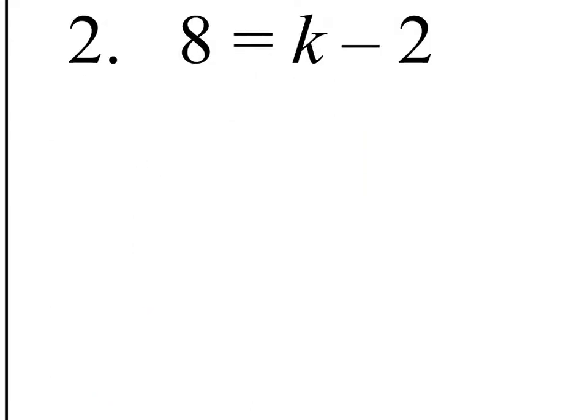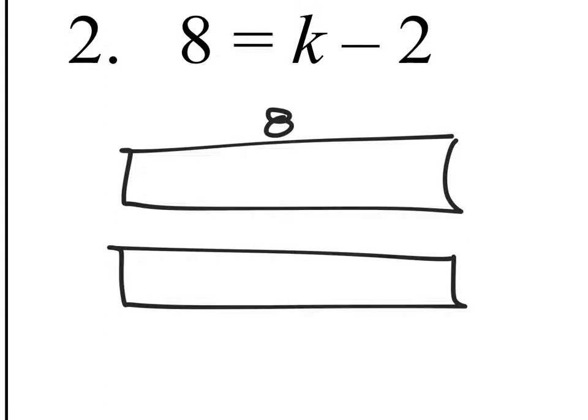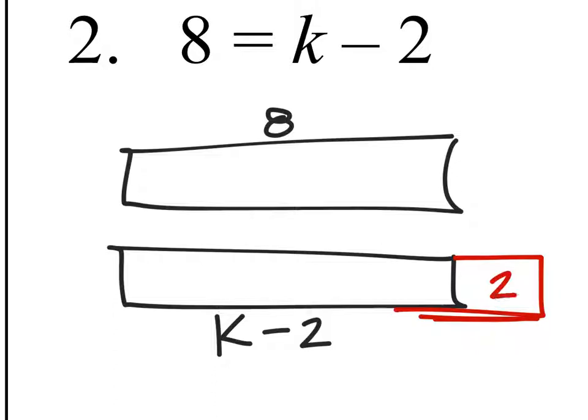Alright, number 2 is a little bit different because now I've got 2 bars. One represents an 8, and the other represents a k, but a k where we've taken off 2, right? So in other words, to make this a full k, what do I got to tag onto this thing? A 2. So if I do it to 1, then to make it the same, I've got to do it to the other one.